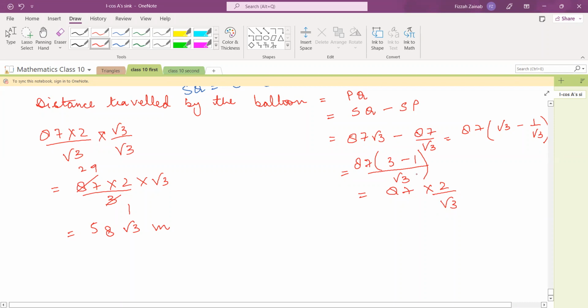So 3 minus 1 becomes 2. So it's 87 into 2 divided by under root 3. Now, because I have under root in the denominator, I am rationalizing it. I'm multiplying numerator and denominator both by under root 3. So in the denominator, root 3 becomes 3 and numerator under root 3 will remain here. Then this 87 will be cancelled with 3.